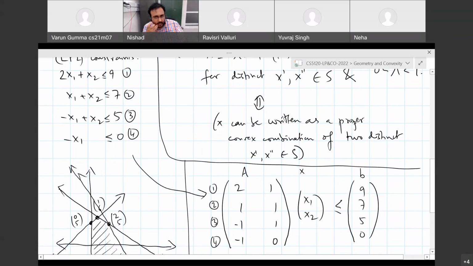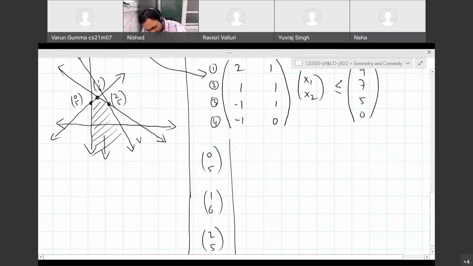There are 4 constraints, 1, 2, 3, and 4. Third and fourth, exactly. So we are going to call these the tight constraints with respect to this point. So the tight constraints of (0, 5) are the third and the fourth one. And the other constraints, we are going to call them the slack constraints. There is some slack over there. So the slack constraints for (0, 5) are the first and the second ones.